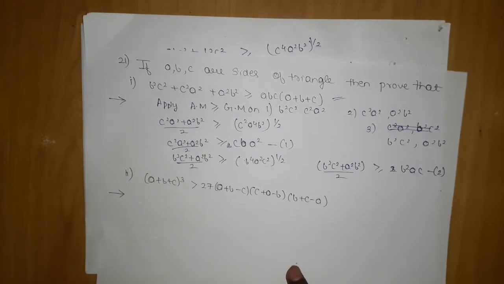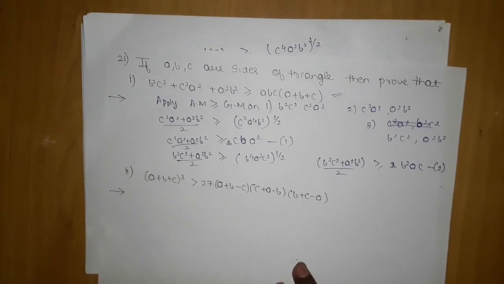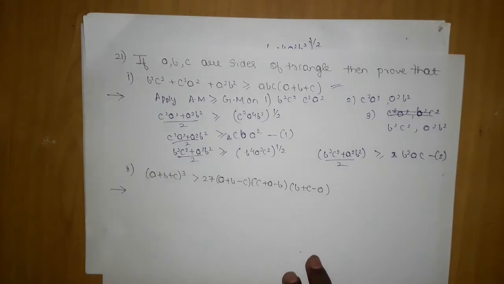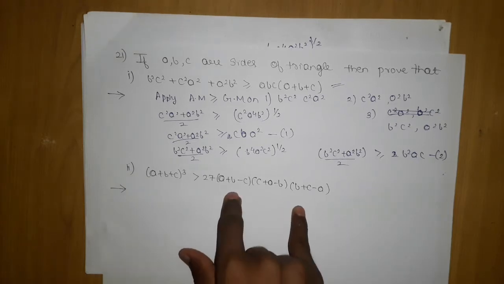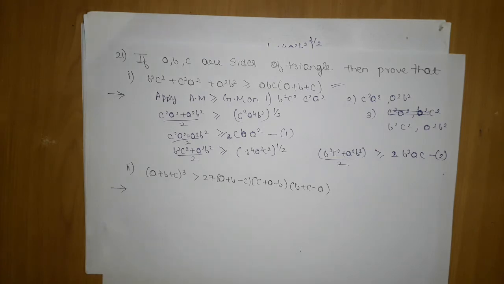Now let's move on to the next one. On the next question, in what way we should proceed is important. Here we want these 3 terms. Either we can go individually, or we can go directly.